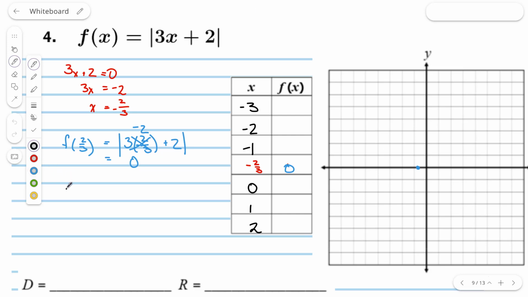So I'm just going to plug in each of the whole numbers. So when I plug in a negative 3, negative 3 times 3 is negative 9. So negative 9 plus 2 gives us a negative 7. So 7 is what the absolute value is. So now let's go to the next one.